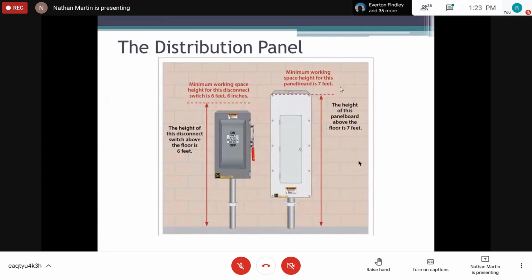You will not be violating any rule if you mount it 6 feet 6 inches to the top of the breaker, so you're able to work comfortably without having to stand on access equipment, right? So it's very critical when you are mounting panels. Also, it allows a person to easily disconnect supplies in case of emergency.